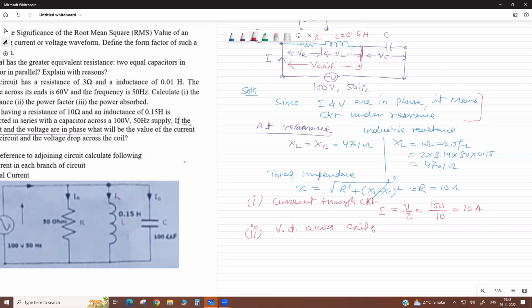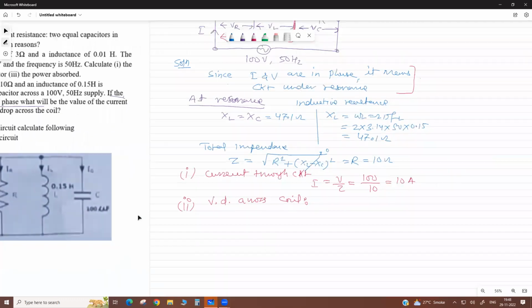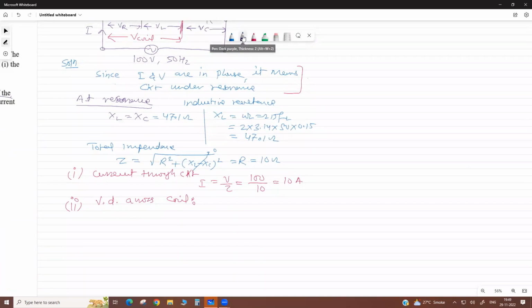The coil has a resistance, so my dear, for the coil, first you calculate the voltage across the coil resistance, this VR. Then the voltage across the coil inductor. Then there is the sum.